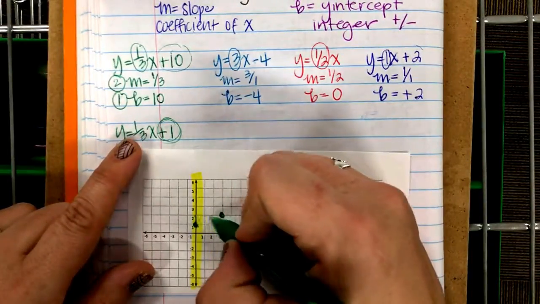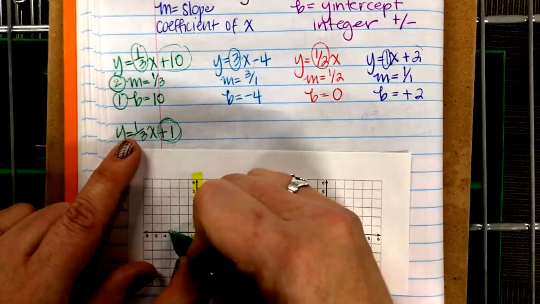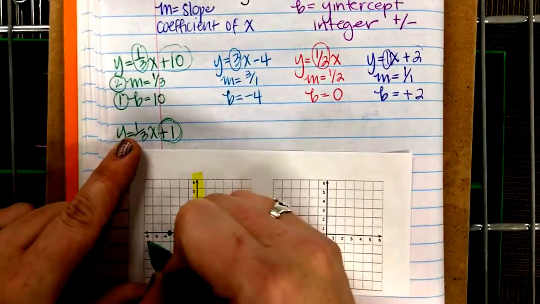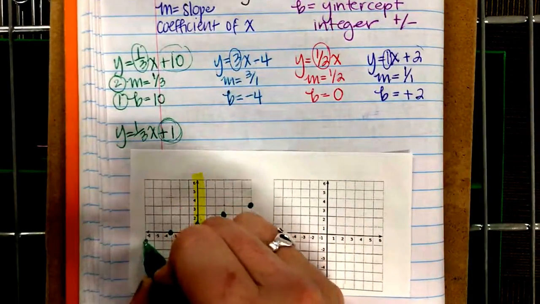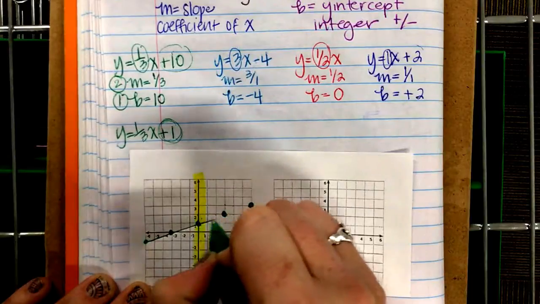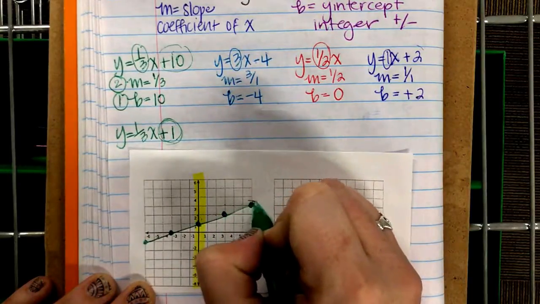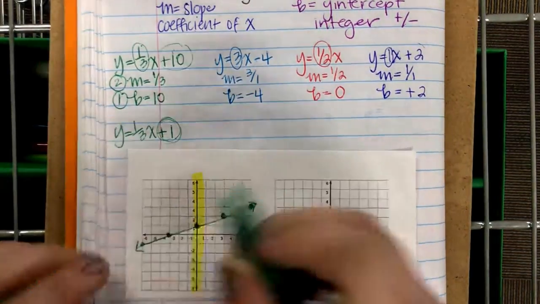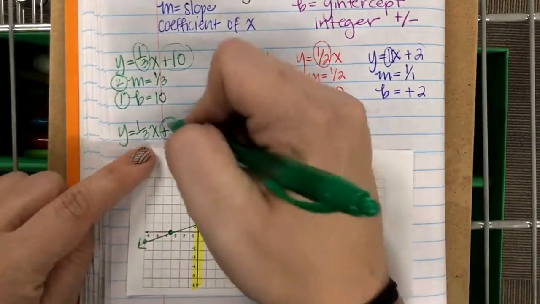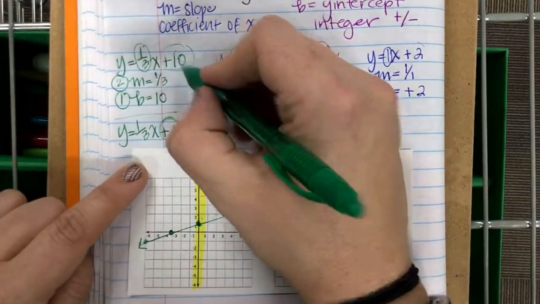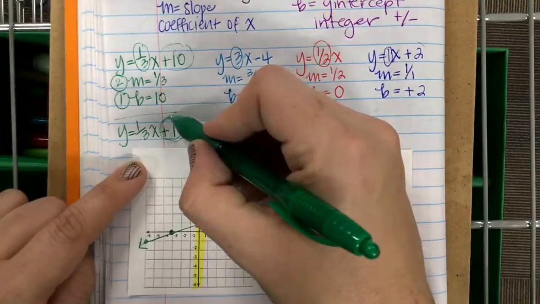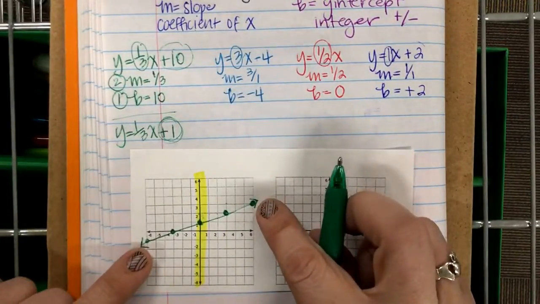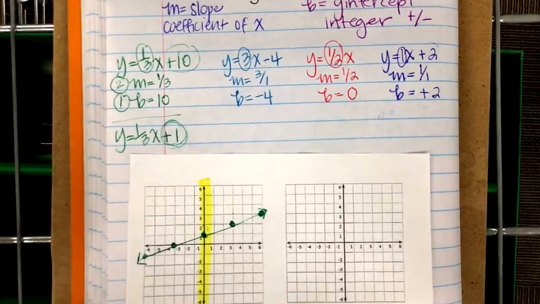Instead of going up and to the right, I'm going to go down and backwards, and then I connect them. Your line should go all the way through the graph. Remember, 10 was too big for my graph, so the graph of that equation is matching right here.